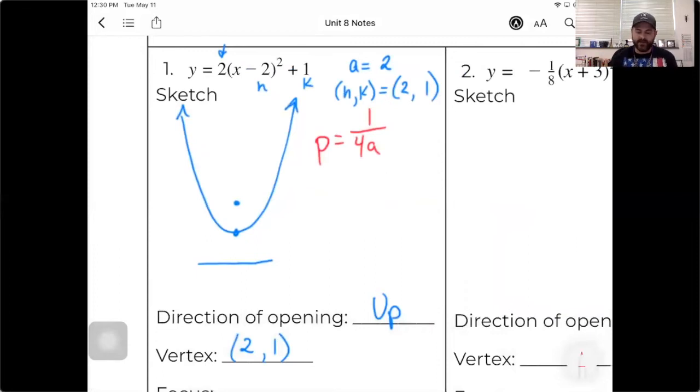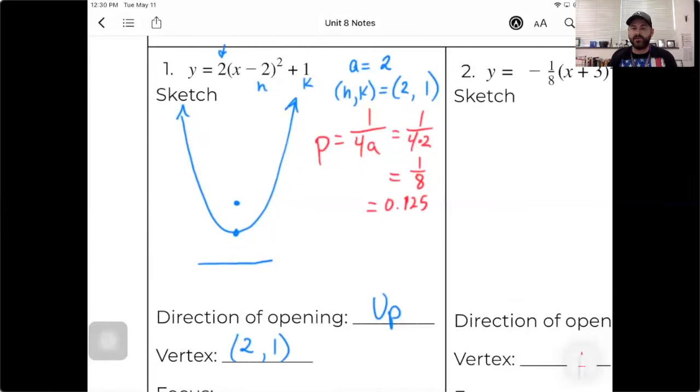So I'm going to take that A value of 2 and plug it in here, and that's going to give me 1/8. Now, I can think of this as a fraction, or I can change it to a decimal. 1/8 is 0.125. In fact, that's the exact decimal value.